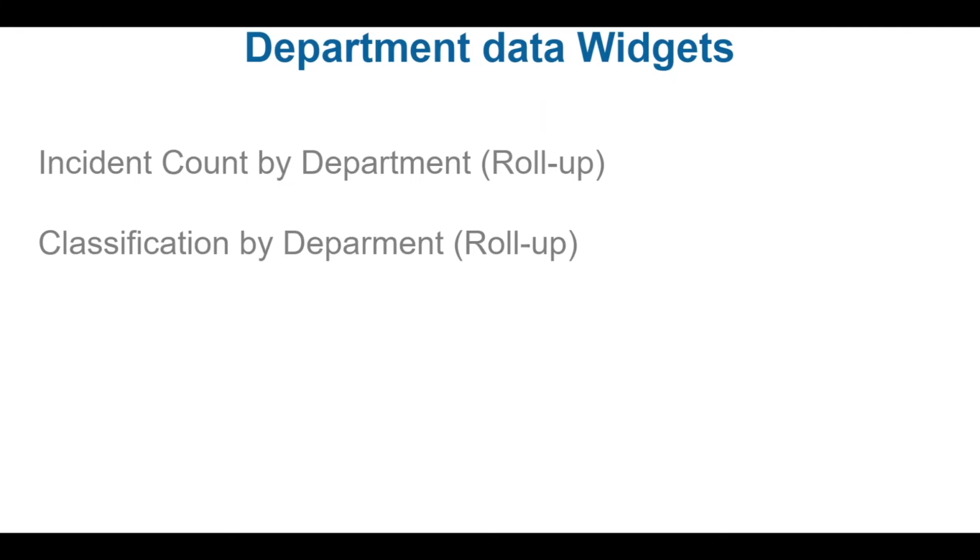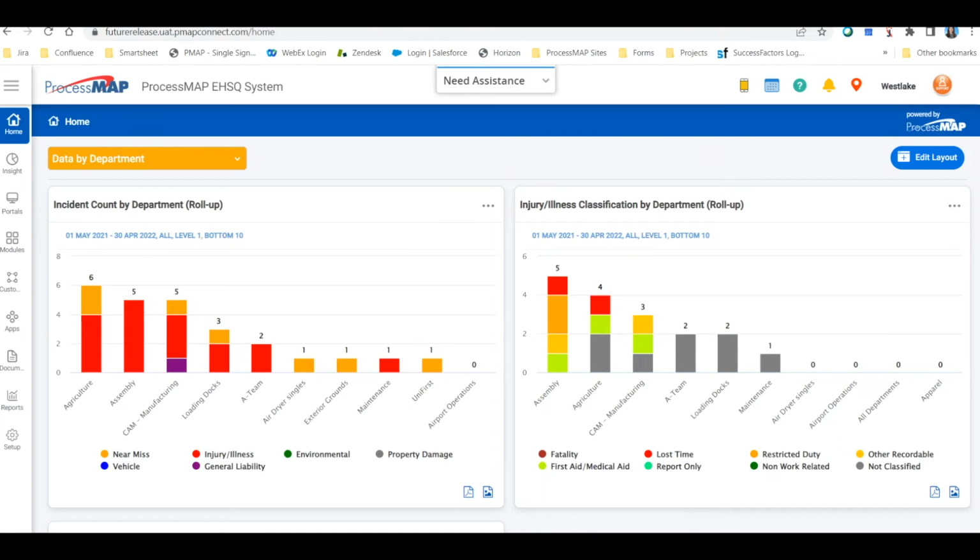Let's take a look. Our incident count by department rollup widget allows you to visualize the number of incidents reported in each department. So in our agriculture department, we can see that we had 2 near misses and 4 injury illness. In our assembly department, we had 5 injury illnesses.